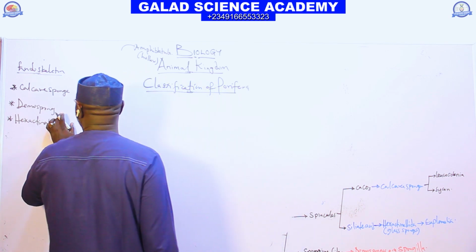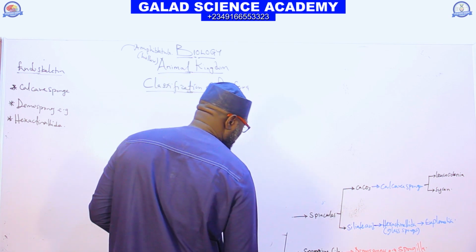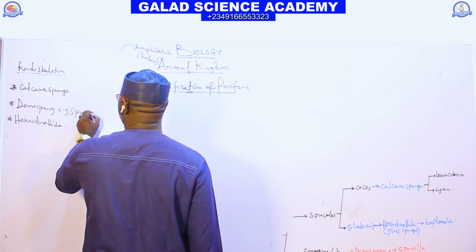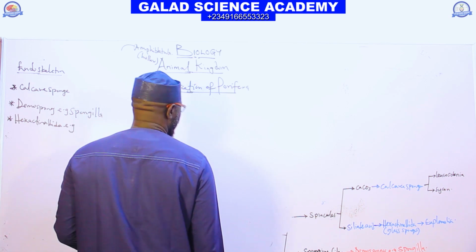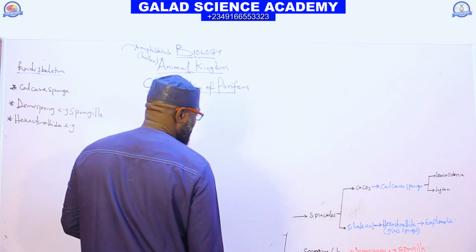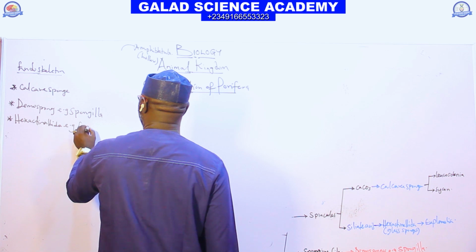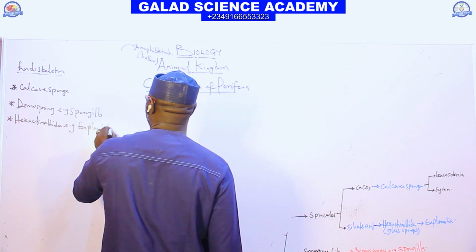So for the demosponges, an example of demosponges we have Spongilla. An example of hexactinellid sponges, we have Euplectella.